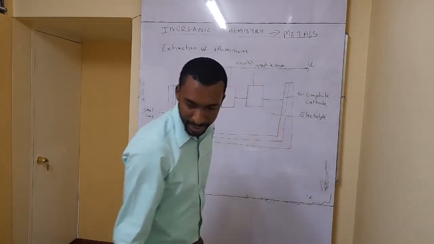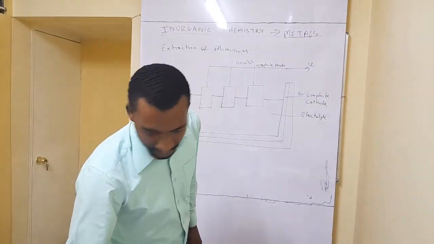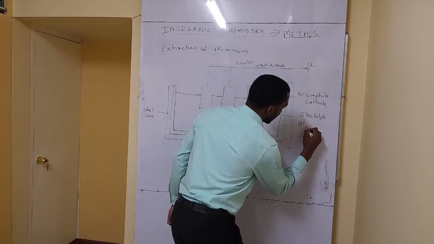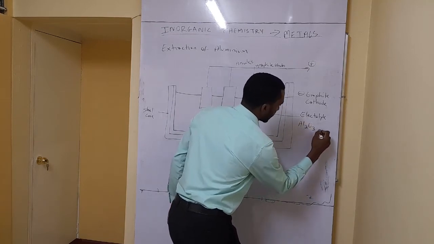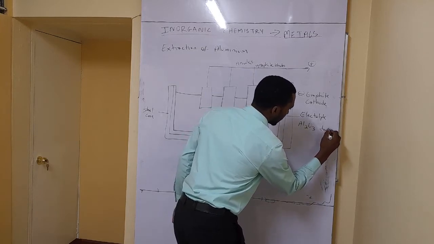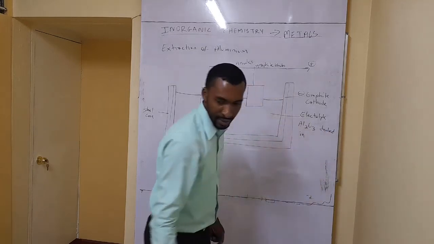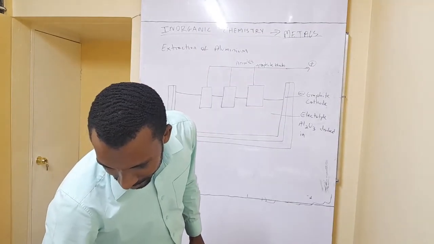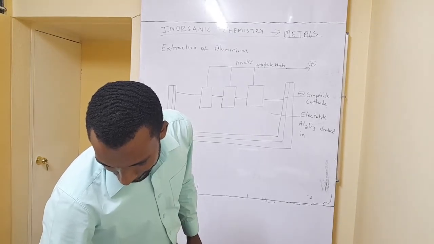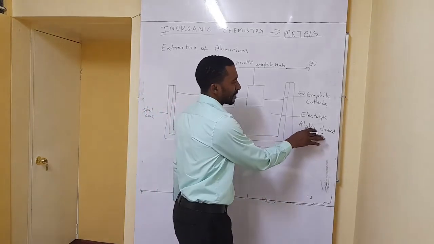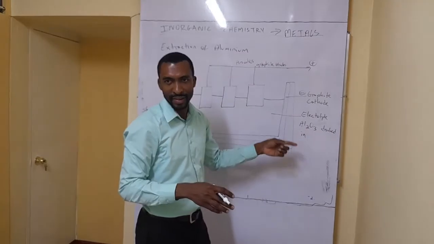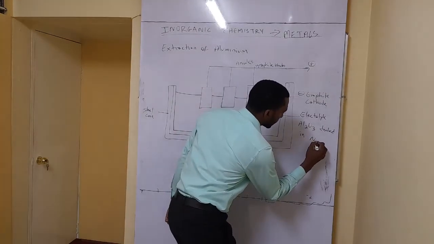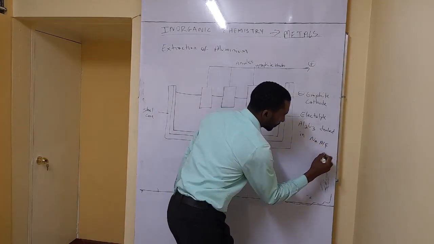Alright, that's occurring here. So we have the electrolyte, right? Which is the aluminum oxide, Al2O3, dissolved in cryolite, or the aluminum oxide hydrate would be the bauxite, and the cryolite would be the sodium aluminum fluoride, which is Na3AlF6.